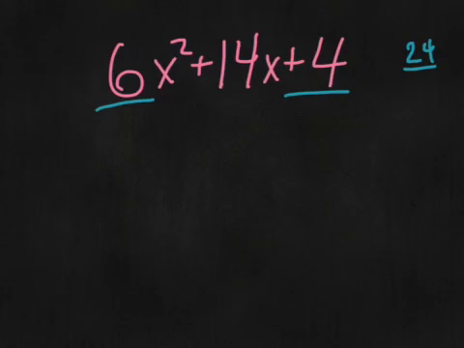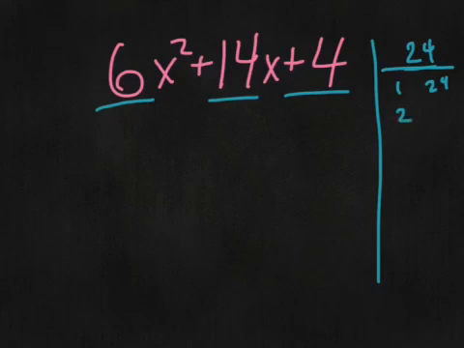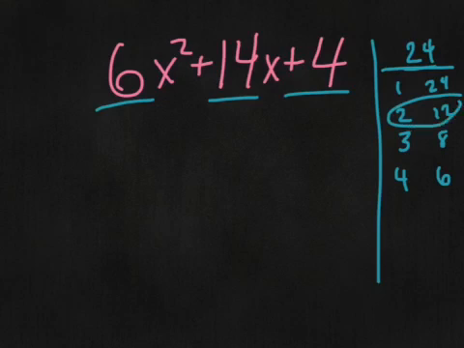Then we're going to list the factors of 24, looking for a pair of factors that can get us to 14. So for 24, we have 1 and 24, 2 and 12, 3 and 8, 4 and 6. We're looking for one of these that will get us to 14. 2 plus 12 is 14.